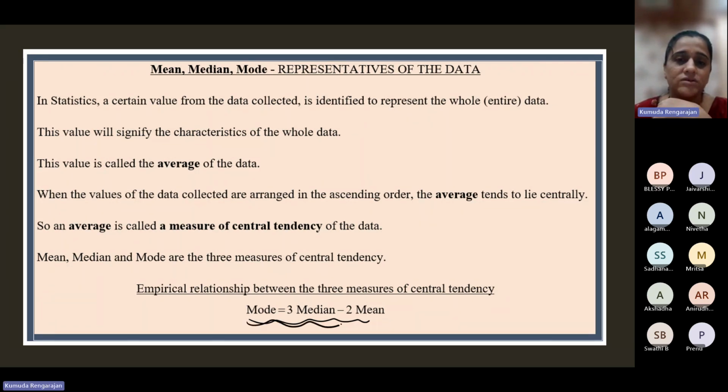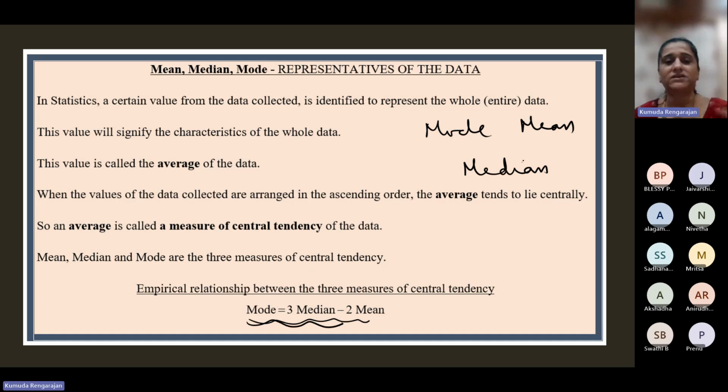So when to use this? Now for a 1 mark question, if you're given the value of mode and the value of mean, and you have to find the median, the frequency distribution table is not given to you. They'll say for a particular distribution, if mode is this value, mean is this value, then what is the median?